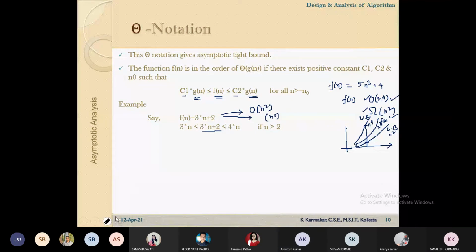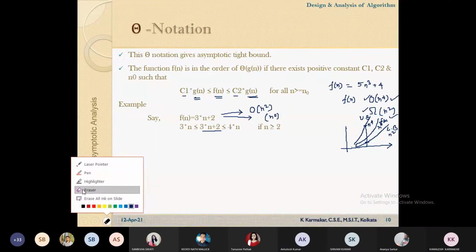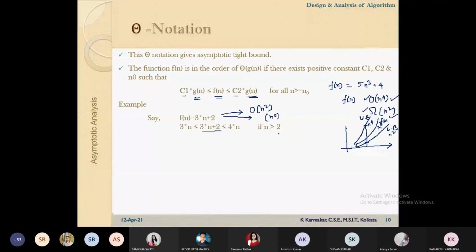This one should be omega. So this one will be big omega of n to the power 0. So it will not help us to understand the nature of this function.